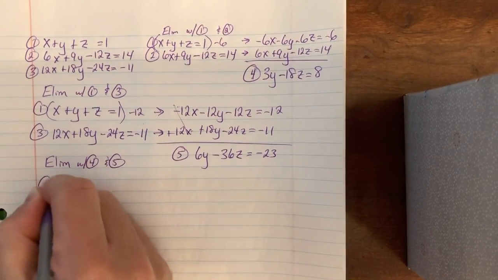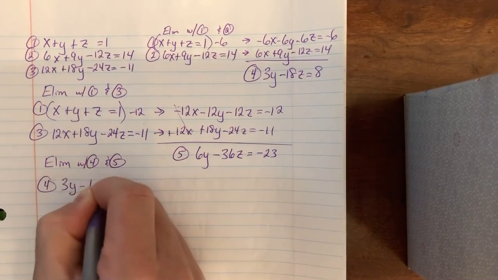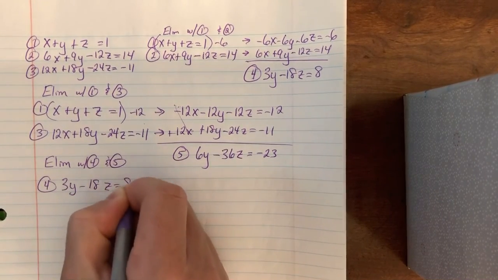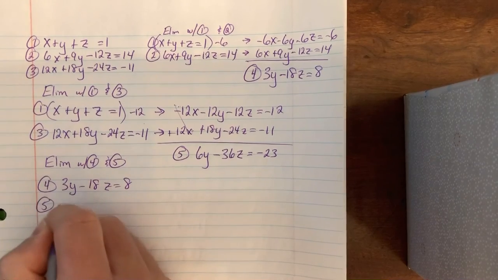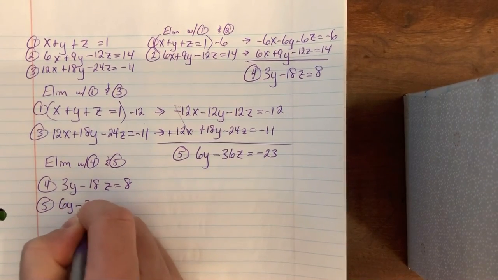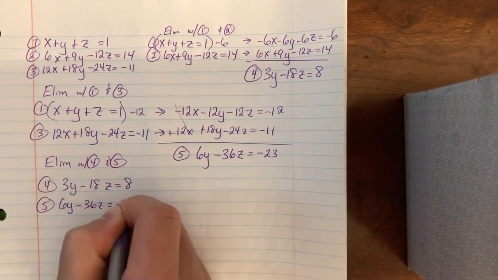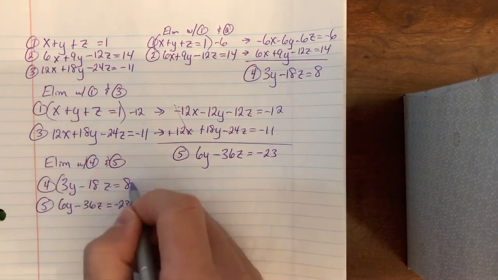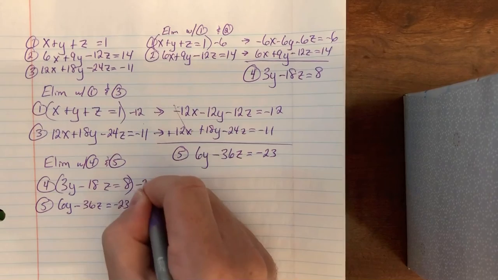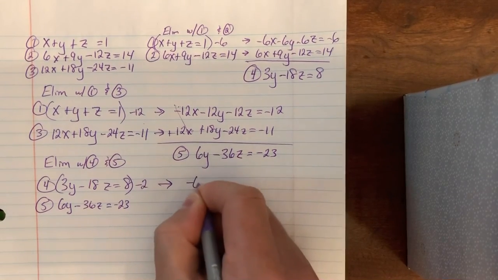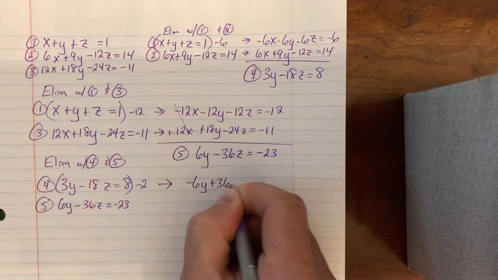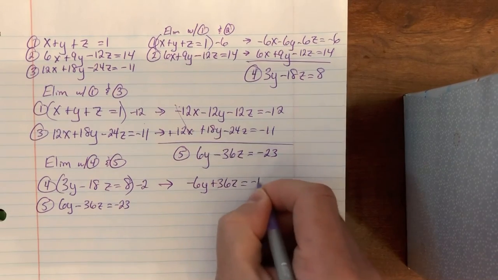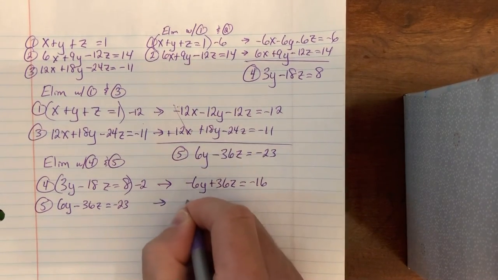So 4 is 3y minus 18z equals 8, and 5 is 6y minus 36z equals negative 23. I'm going to get rid of the y's, so I'm going to multiply the first equation by negative 2. The second equation is fine.